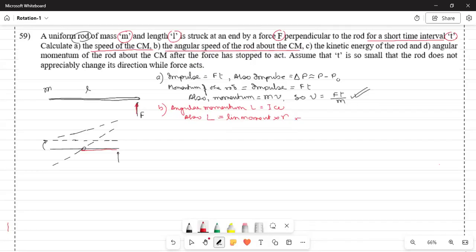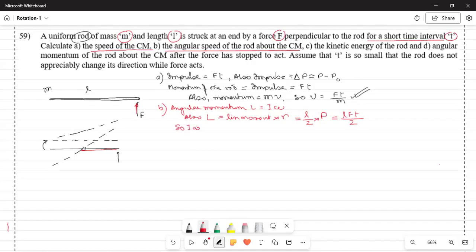Here R is equal to L by 2, the length of the rod divided by 2, multiplied by linear momentum P, where P has been already found in part A, P is equal to Ft. So this is L Ft by 2. That means I omega equals L Ft by 2.